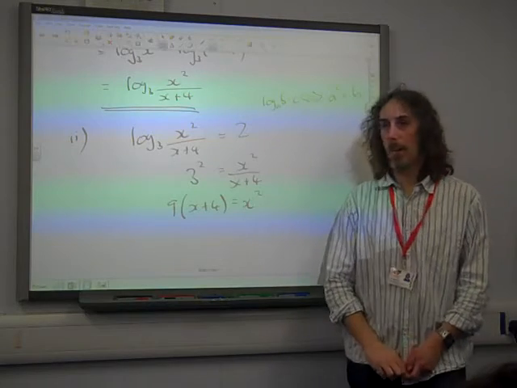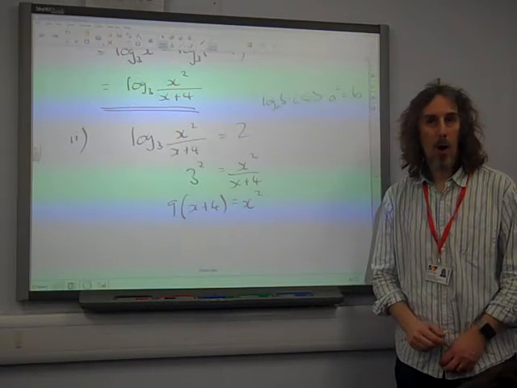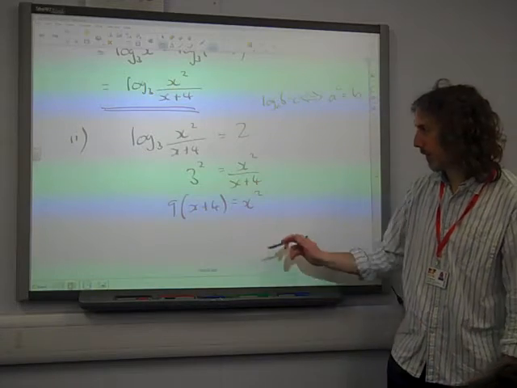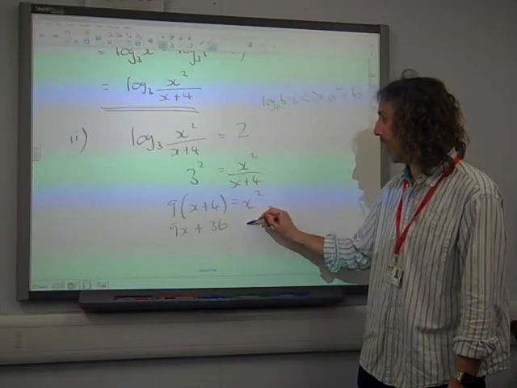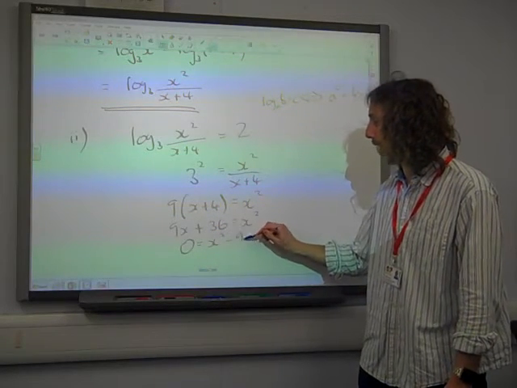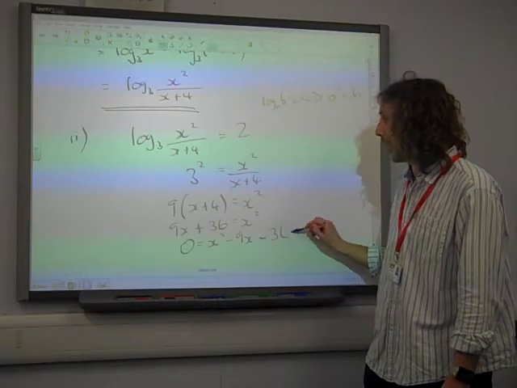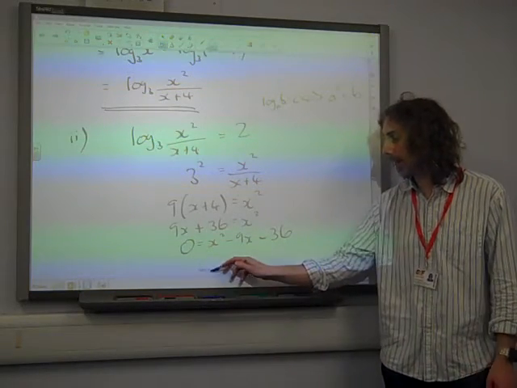And if we multiply both sides by x plus 4, you get to that line. Oh, it's heading for a quadratic equation, isn't it? We've got 9x plus 36 is x squared, so 0 would be x squared minus 9x minus 36. Oh, if only that would factorise.